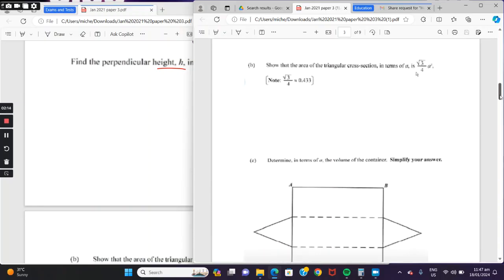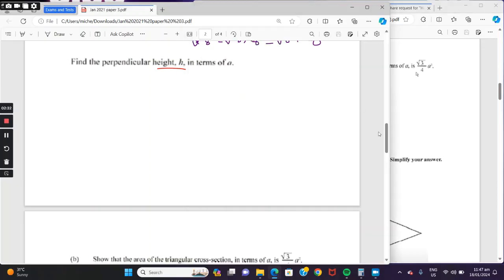Okay. So I think I reached part B because I only did one part. Part B is saying to show that the area of the cross section, and that's what I found yesterday.